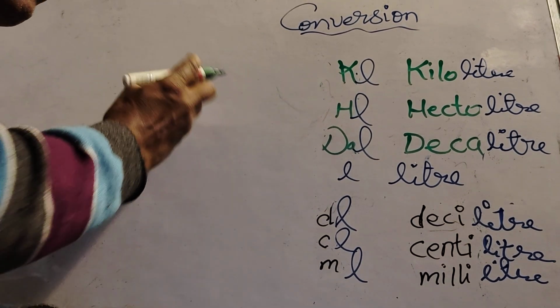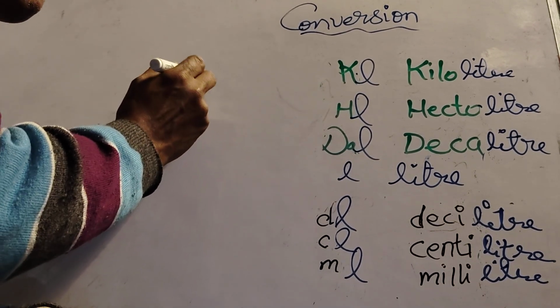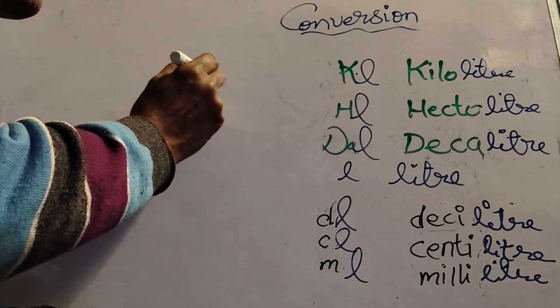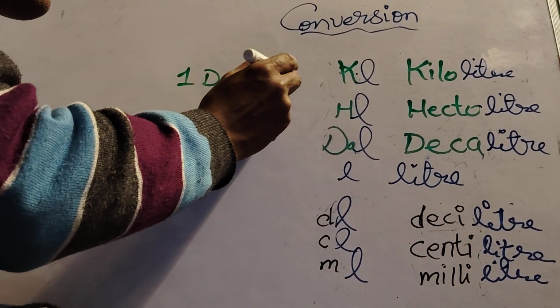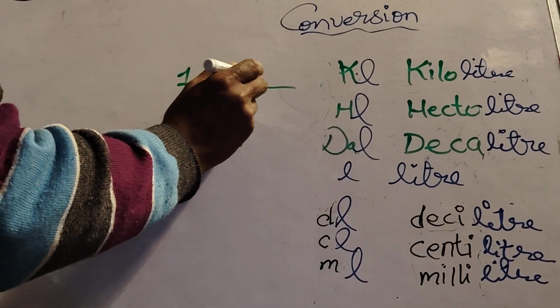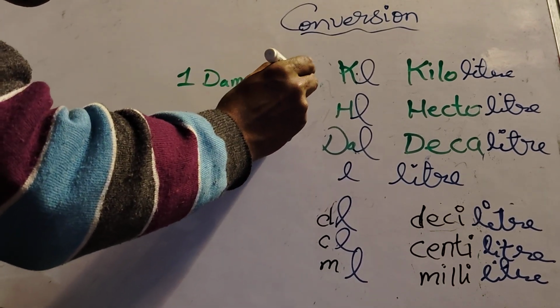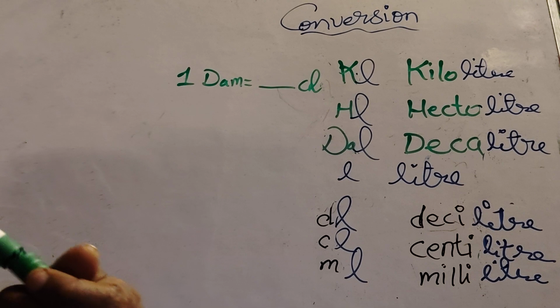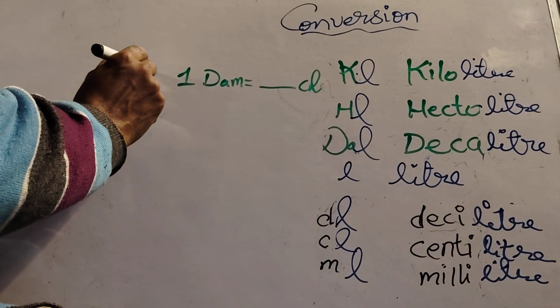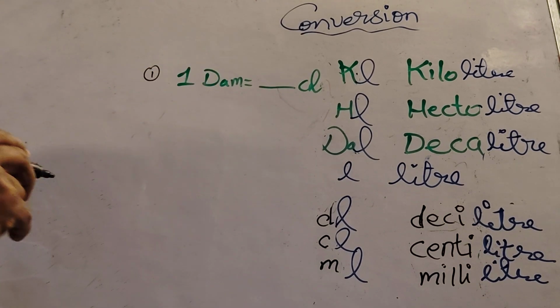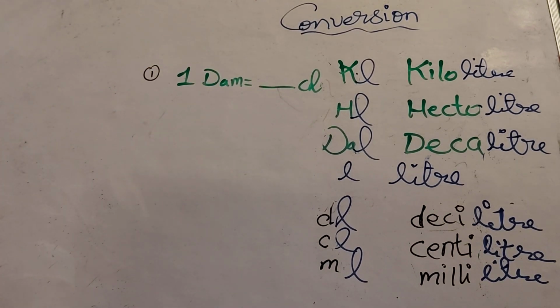Suppose 1 decimeter equals dash centiliter. 1 decameter equals dash centiliter.